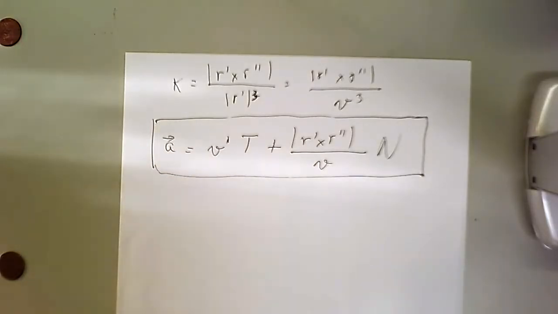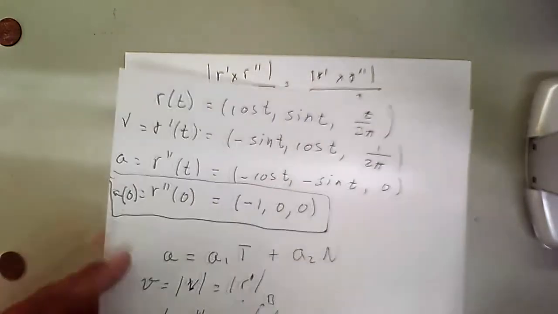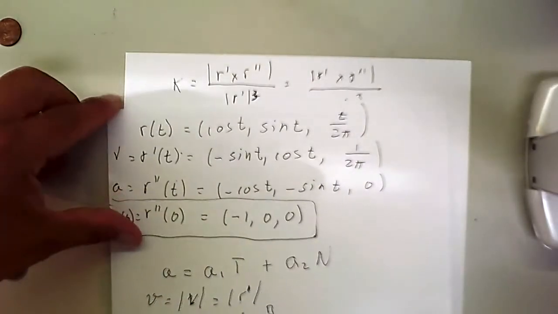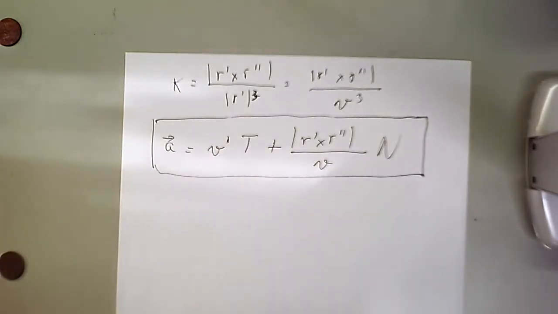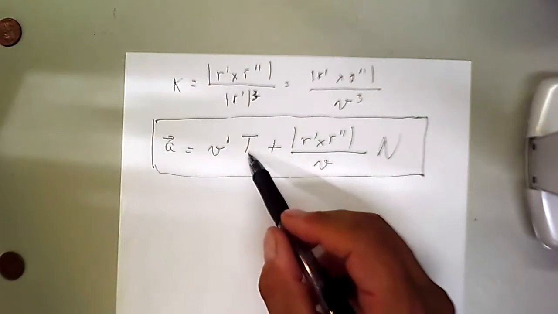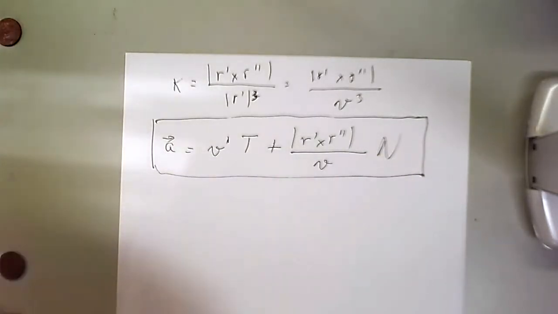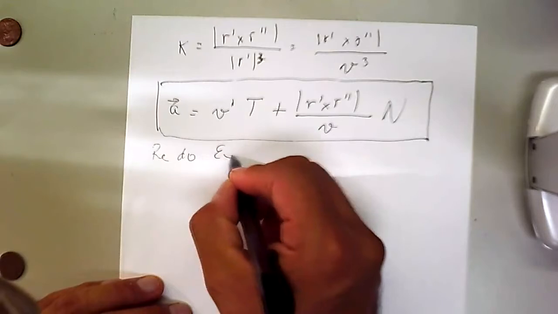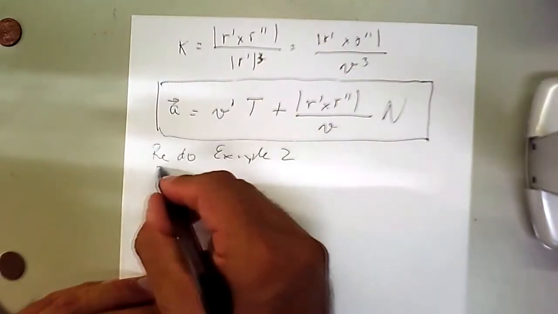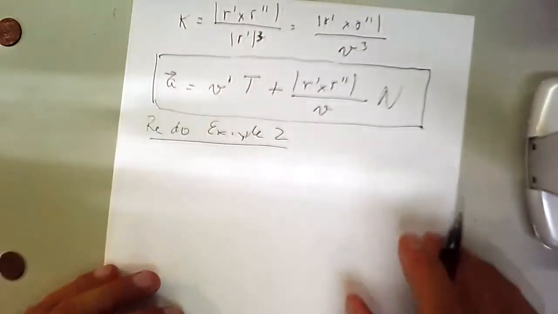Remember, this example was super fast. That is essentially finding the acceleration. But we're going to find the acceleration differently, assuming that we know T and N. So we're going to redo example 2 in a more complicated way.